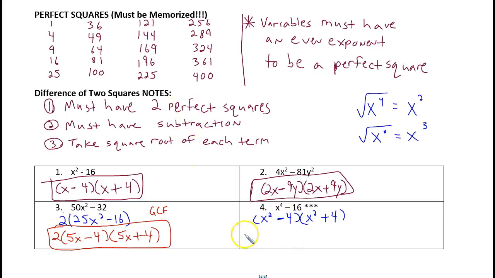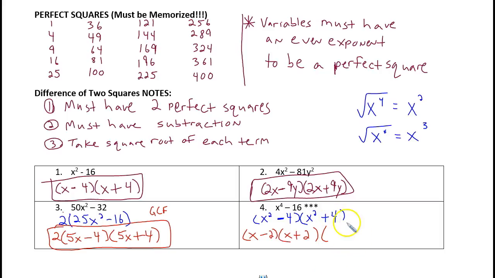So we're going to take the square root of those and break them up even a little bit more. So the square root of x squared is x times x. The square root of 4 is 2 times 2. And then we have a minus and a plus. Now this pattern does not work with the sum of two perfect squares.